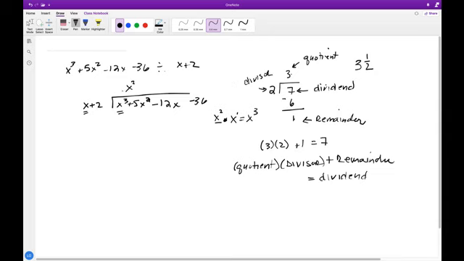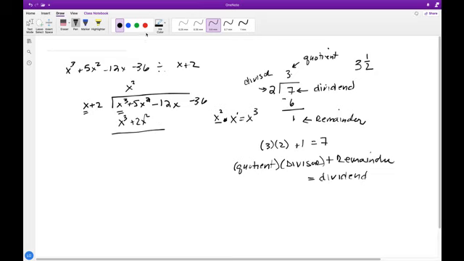So then we multiply, just like we did over here. But the x squared has to get multiplied or distributed to both terms of the divisor. So x squared times x equals x cubed, and x squared times 2 equals 2x squared. And you always want to make sure that your like terms line up. So cubes are under cubes, squareds are under squareds, because then I can subtract.